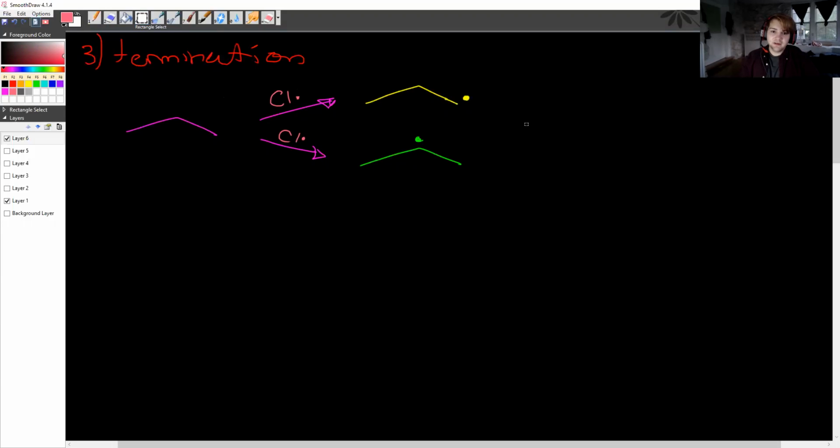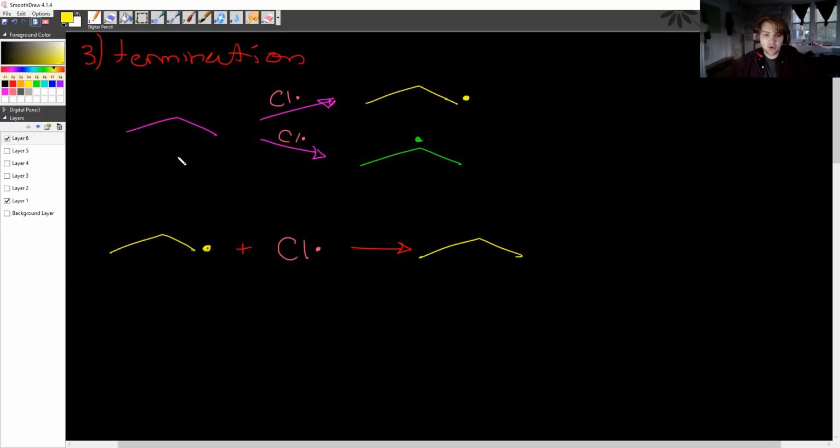For either one of these, for our termination reactions going on, we could take this primary radical, react it with our leftover chlorine radical, because we generate 2 at a time, and then boom, we get the answer that we're looking for.